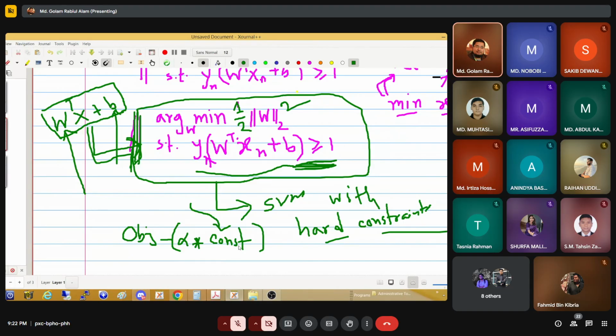We have to transform the inequality constraint to an equality constraint.